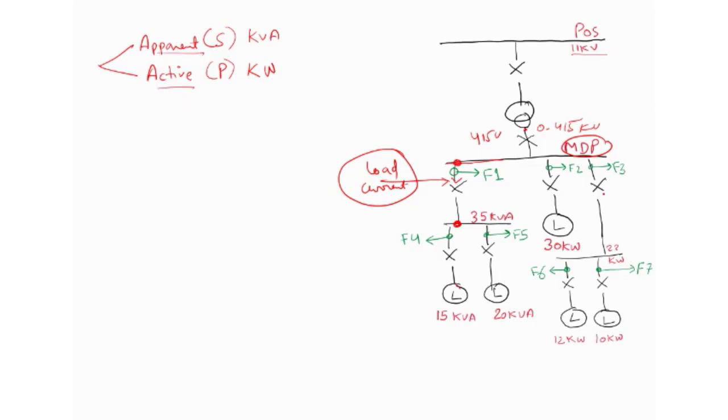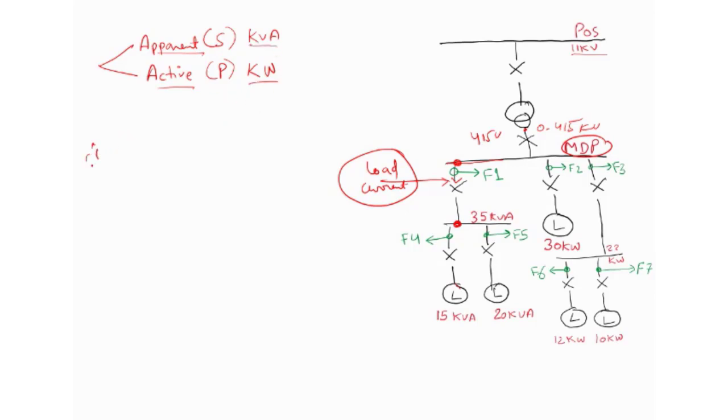So in this single line diagram, we have only two types of power: apparent power and active power. To calculate the load current, we'll use different formulas for these two powers.